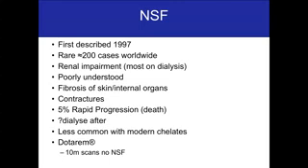It was first described in 1997, very rare, 200 cases worldwide. It only occurs in patients with renal impairment, mostly patients who are on dialysis or who've got an eGFR of less than 30. Quite poorly understood, but it seems to cause scarring, fibrosis in skin, and can basically affect all internal organs. I always think of it as similar to systemic sclerosis.